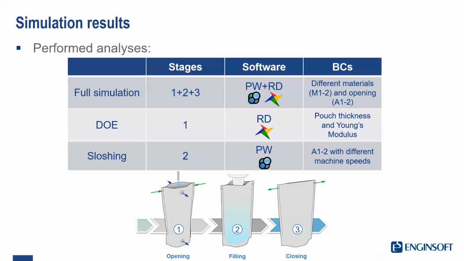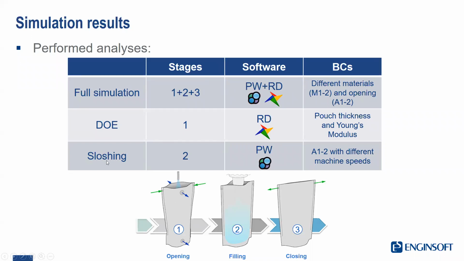So let's have a look at the simulation results. As I mentioned, we are going to look at 3 types of simulation. One is the full simulation, where we deal with all the stages. One is the design of experiment of the pouch formation, so only the first opening stage is modeled, and it's done in RecurDyn.